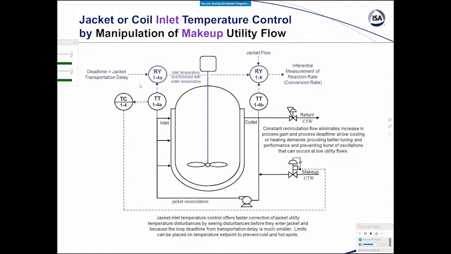And you can get the cooling rate by taking the inlet temperature and having that subtracted from the outlet temperature, and that gets you the differential temperature, and that multiplied by the recirculation flow, which is hopefully constant, can give you an inferential measurement of the conversion rate.